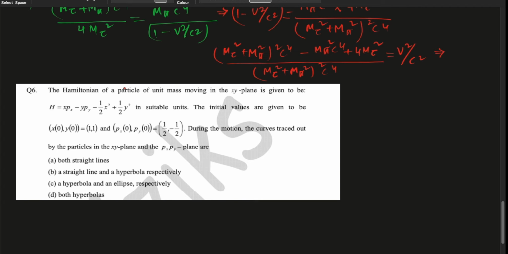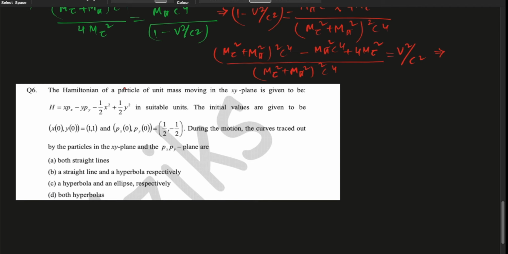The initial values are given to be x0, y0 equal to 1, 1, and px0, py0 equal to half, minus half. During the motion, find the curve traced out by the particle in the xy plane.